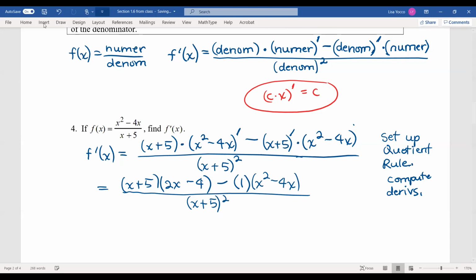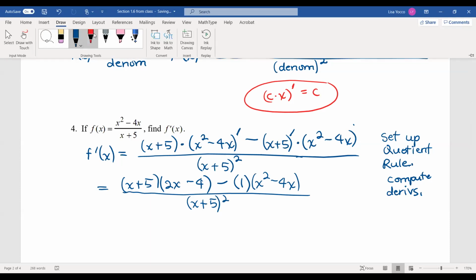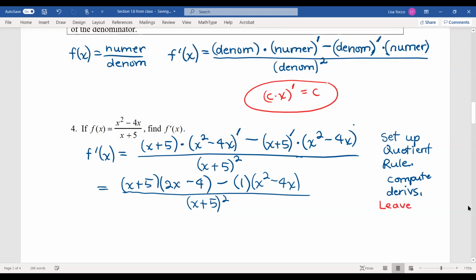Okay, let me go ahead and make this side note. Rarely do we ever do anything with that denominator. Just leave it. There's some, what I call illegal algebra that some people try to do here. I'll just go ahead and mention it. You may think, oh, I've got an x plus 5 in the numerator and an x plus 5 in the denominator.